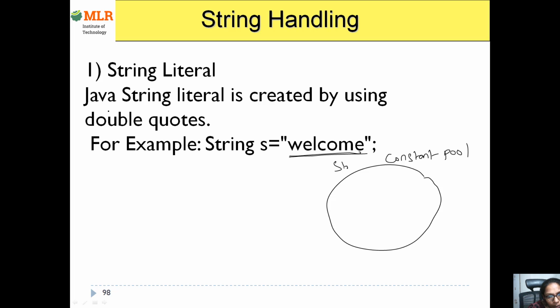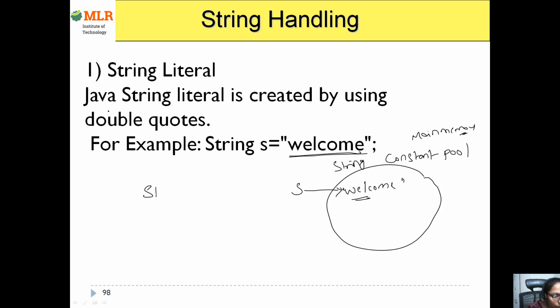We have a memory space named the string constant pool in the main memory itself. What is the speciality of this string constant pool? Now S is a reference. For this, welcome will be assigned. Now S will point to welcome, and this welcome will be stored in the constant pool.